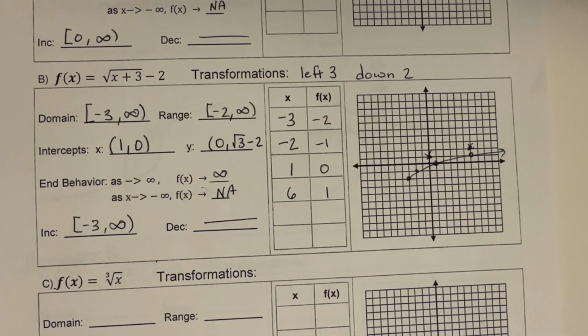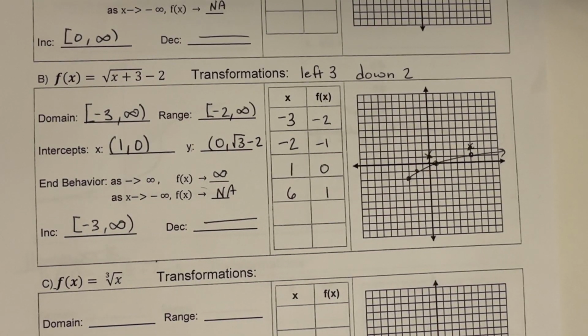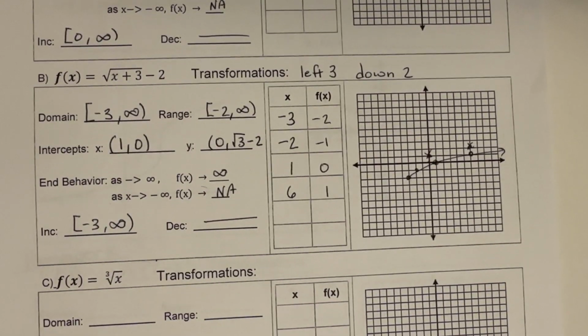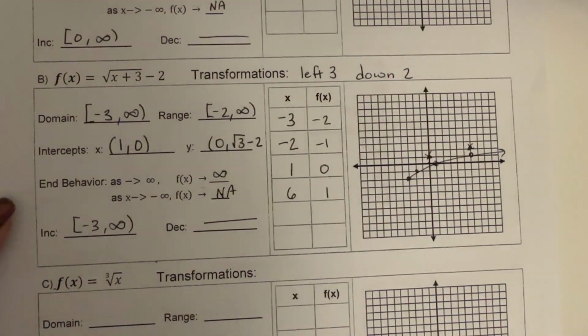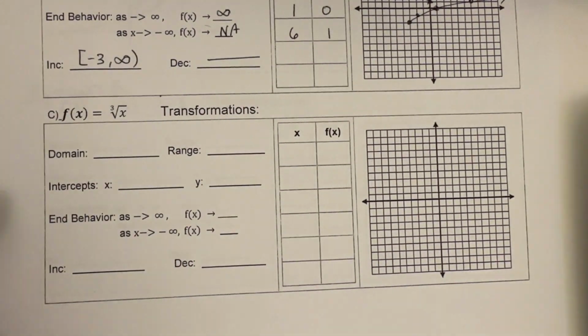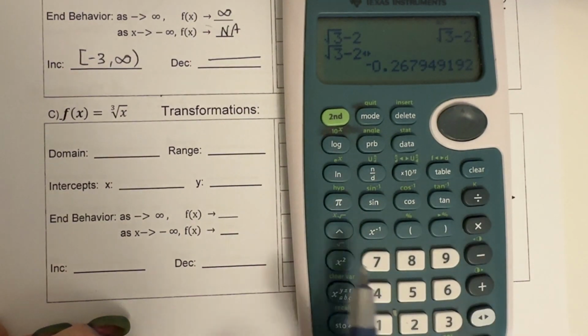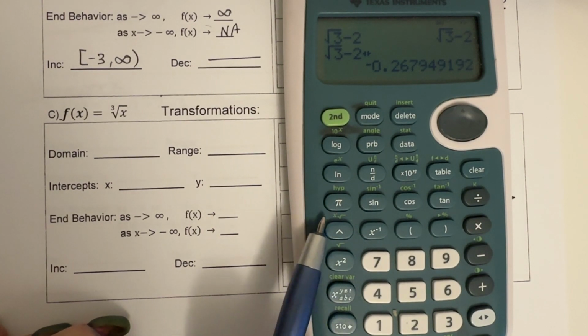So let's get ready to do a cube root. All right, so if I want to do a cube root problem, of course I'm going to scoot on up here. Just a little quick reminder, because I know some of y'all sometimes forget, your square root button is right above your x squared, and your cube root buttons are right there.